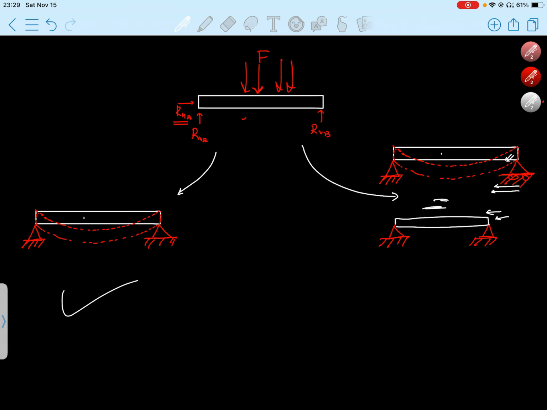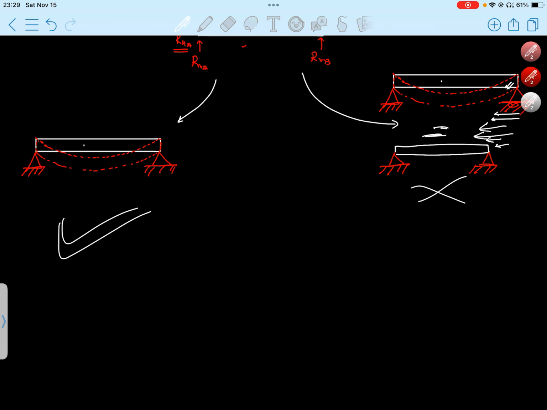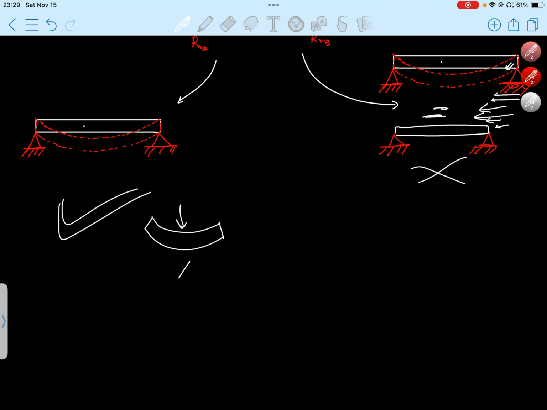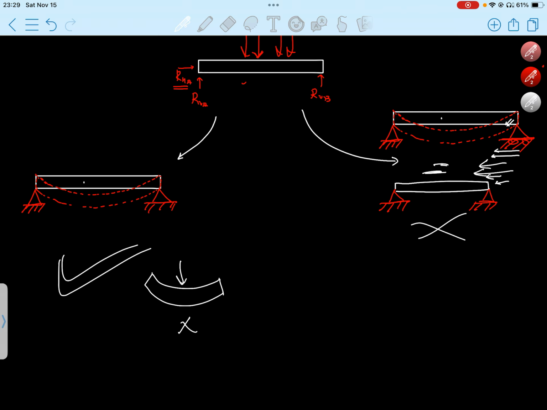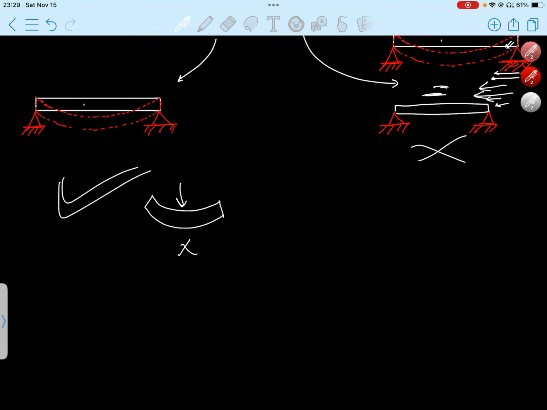This is the possibility that can occur. This cannot occur because hinges cannot move. So the beam or the rod will eventually elongate, and we don't want that.